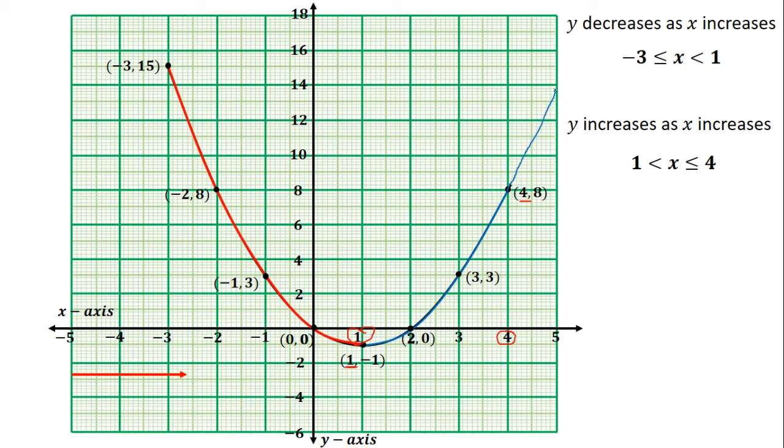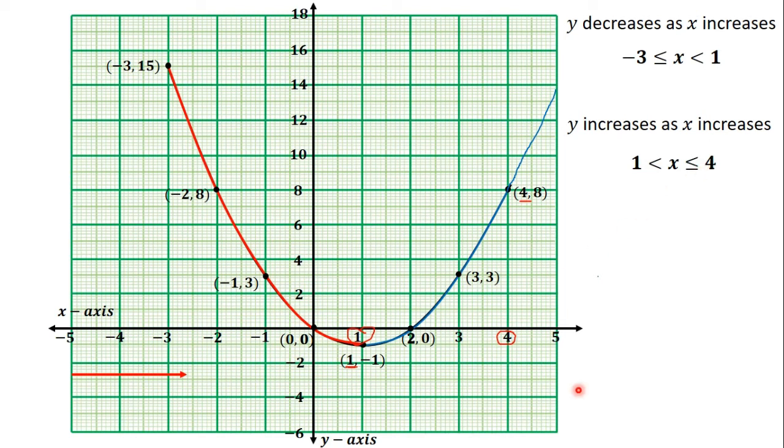So it will continue as long as our graph sheet will allow us. And when we do that, we will include a whole range of x values, and 4 is included in that range. So for the values of x between 1 and 4, we will have to include 4 in our answer. So x is greater than 1 but less than or equal to 4.